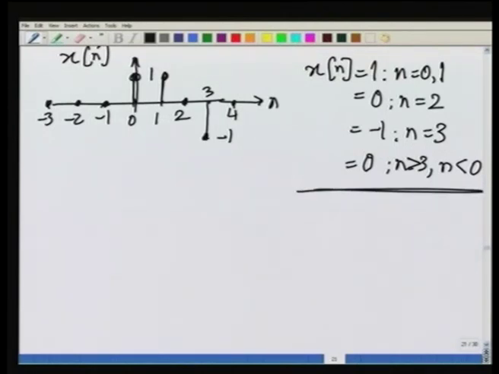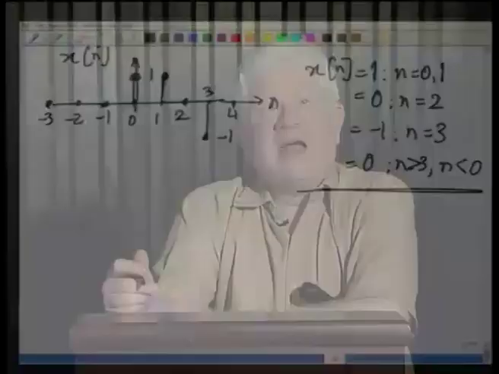Now, what can we do with this x n? The idea is to express x n as a sum of shifted and scaled versions of the Kronecker delta. You have the Kronecker delta given to us, and we know what is shifting a signal, we know what is scaling a signal.